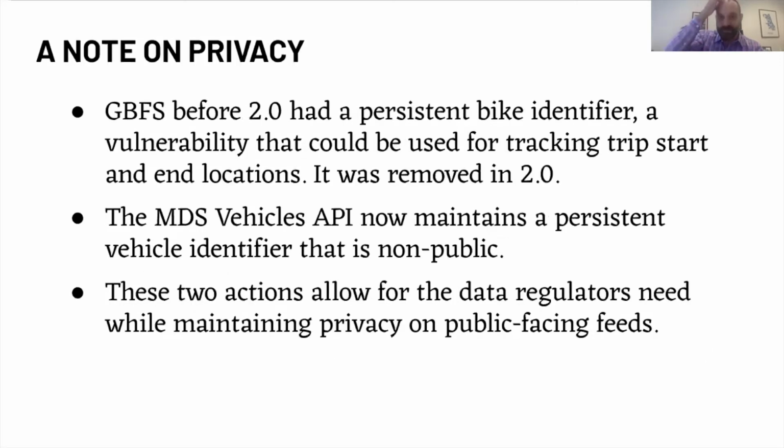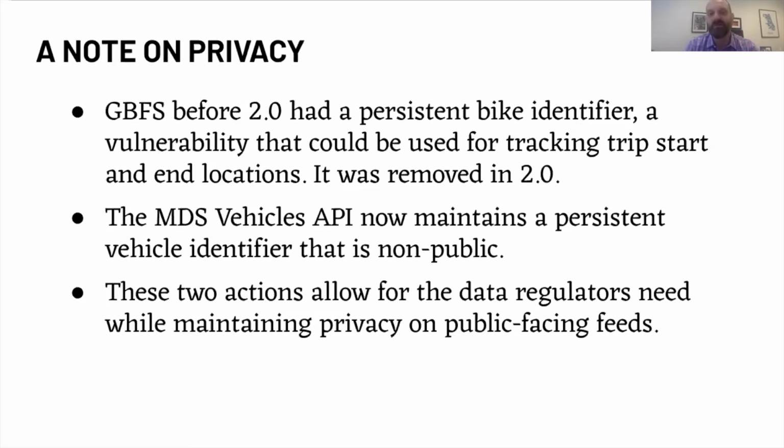And then finally, I wanted to have a quick note on privacy, because there's been a really interesting development that I'm a big follower of. With GBFS before the 2.0 version, they had this bike ID that could be persistent.